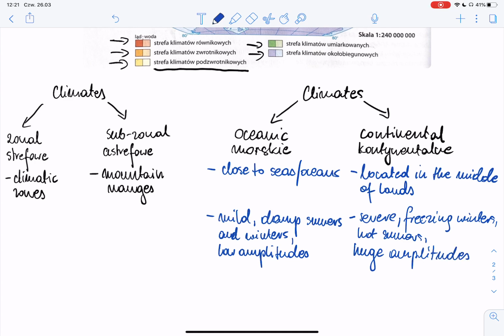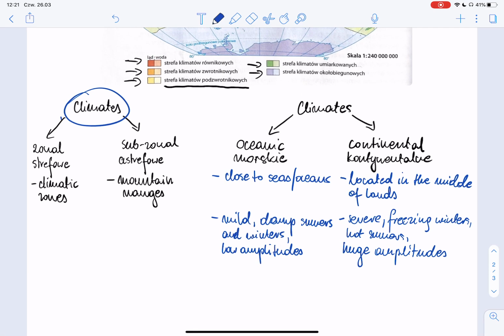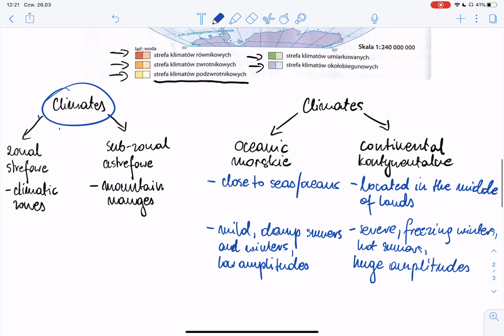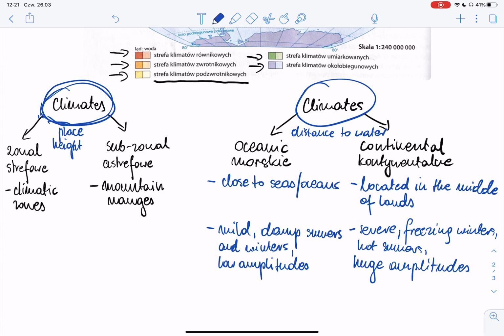So guys, here in this case we divide climates by the place, and here we divide climates by distance to water. By place in climates, the first one here, by place, and basically height above sea level.